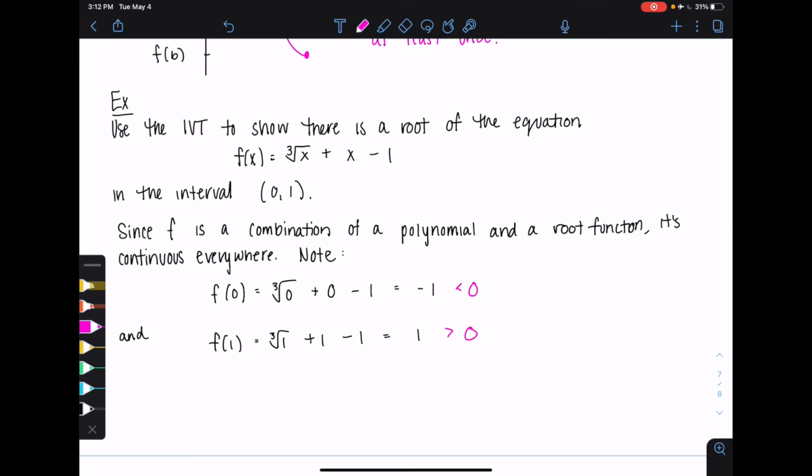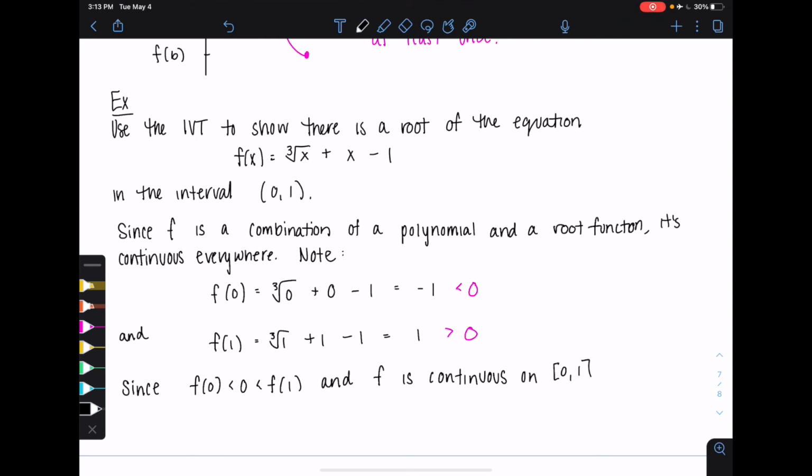At the other endpoint, we're positive. So since one endpoint is less than 0, the other endpoint is greater than 0, and f is continuous on that interval from 0 to 1, I have to equal 0 at some point.